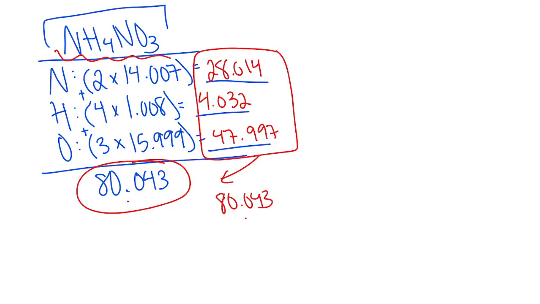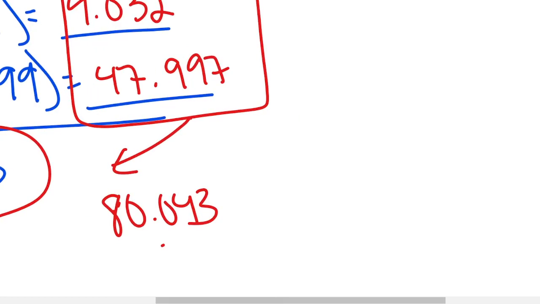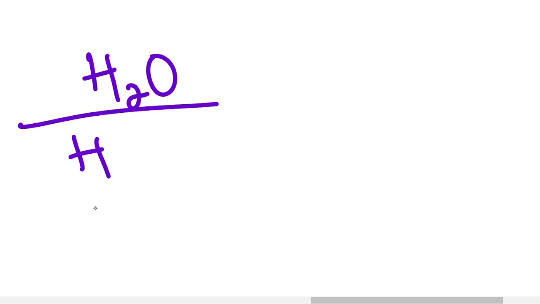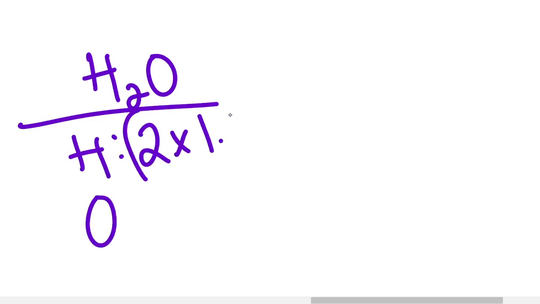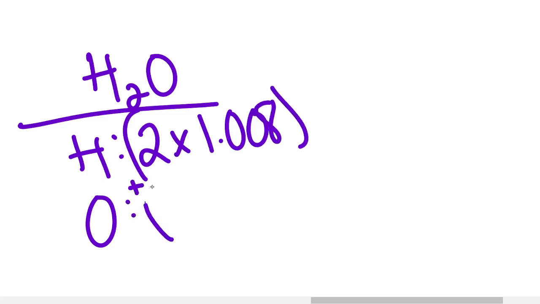So slide over just a little bit. So for H2O, I'm going to take hydrogen and oxygen. I have 2 hydrogen atoms times the molar mass of hydrogen, which is 1.008, plus I have 1 oxygen atom times 15.999.